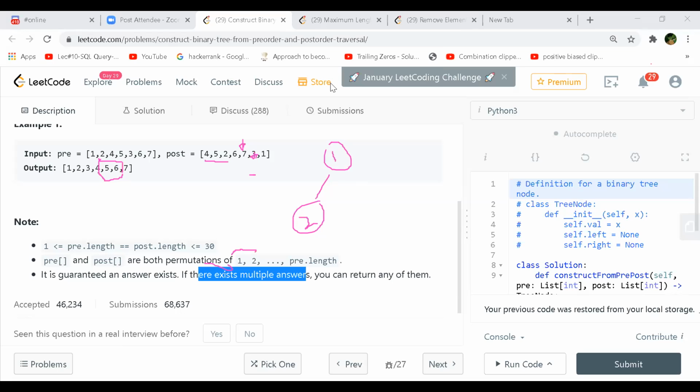So again, 6 can be the left because it might be a root. If you try to find on the left side of 6, there is none. So then you can treat that as a right subtree of 3, right?